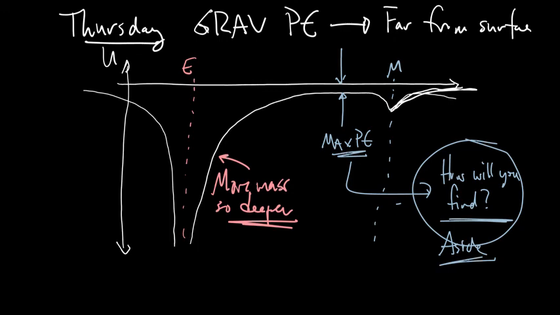So we're going to want to get a total energy which is going to be greater than here. So if this position is the surface of the Earth, and this is where we're starting, and we want to get to the surface of the Moon, at least, either side, we're going to need to get over this hump.